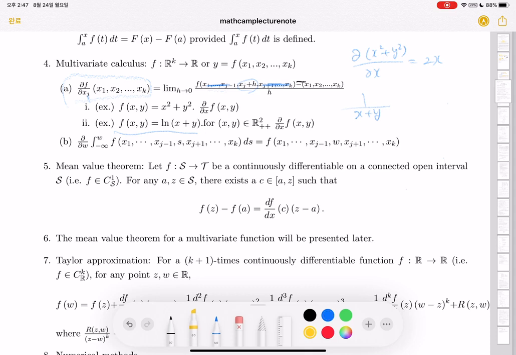This one is pretty important. Let's just use a bivariate function. The integral from, let's say, a to w of f of x, y dx, and you are going to take the partial derivative with respect to w.